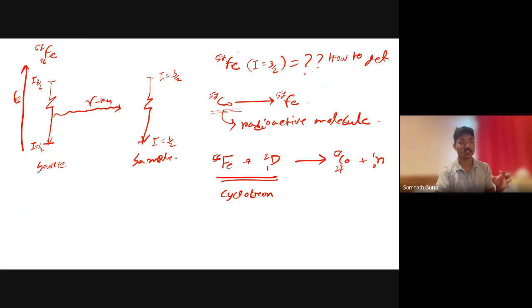Then we expose the iron 56 to it, and it bombards the iron atom, forming cobalt 57 and one neutron. This cobalt 57 has a half-life of 270 days.